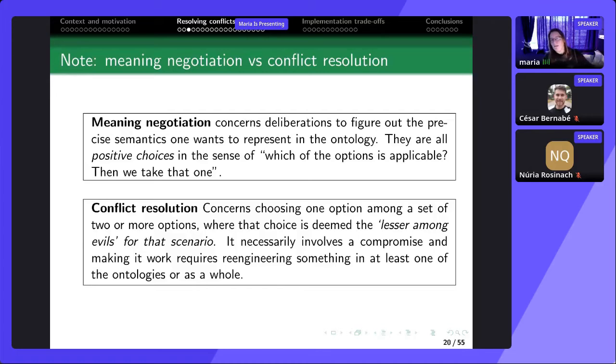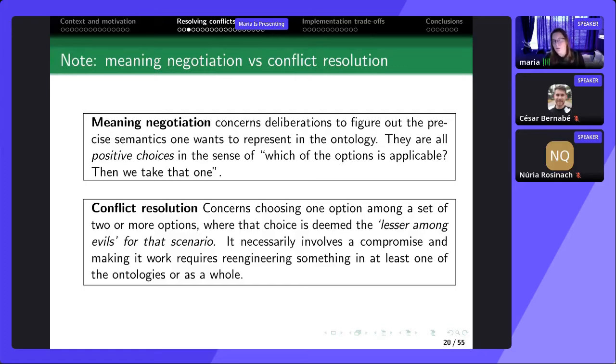Whereas conflict resolution concerns choosing one option among a set of two or more options, none of which is actually ideal, basically the lesser of evils. So it necessarily involves a compromise. It's a trade-off, and you take the least worst option.